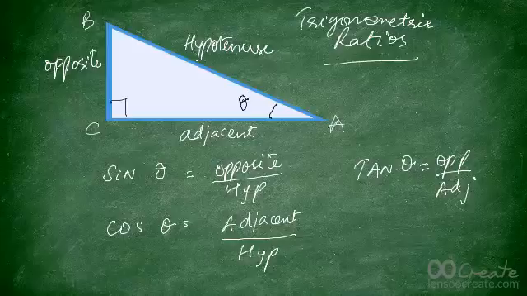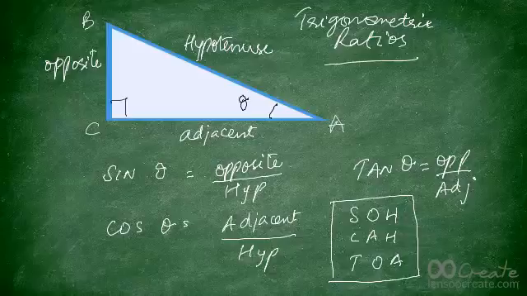Okay, so sine is opposite upon hypotenuse, cos is adjacent upon hypotenuse, and tan is opposite upon adjacent. So remember this short little mnemonic, SOH-CAH-TOA, S-O-H-C-A-H-T-O-A.